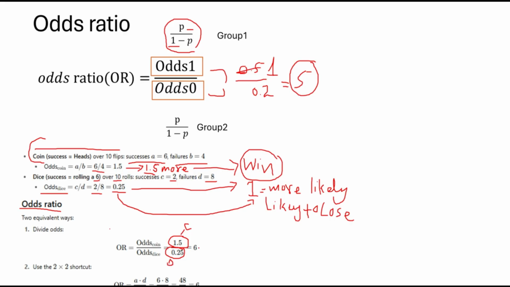The odds ratio is suggesting 6, which means that if you choose the coin flip to win the game, you have 6 times more chance to win the game. So probably you're going to choose the coin because it gives you a 6 times higher success rate than the dice.